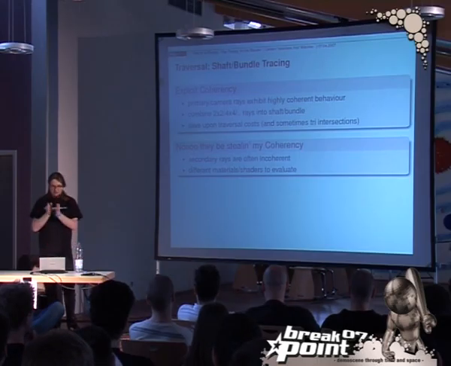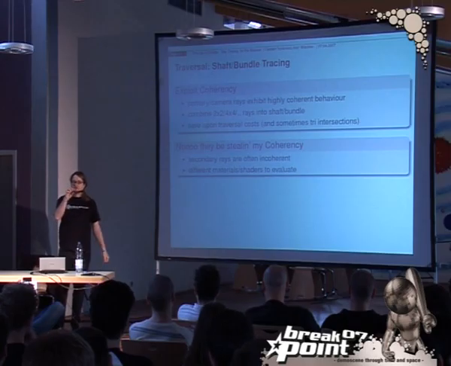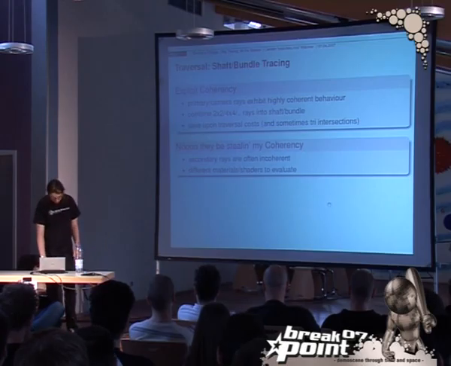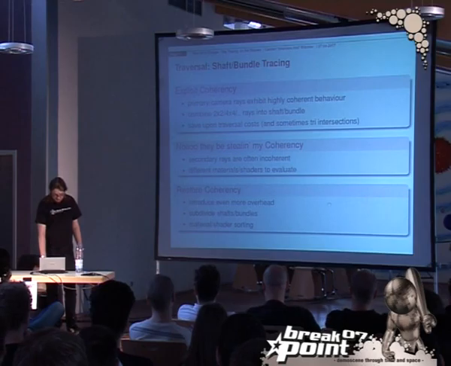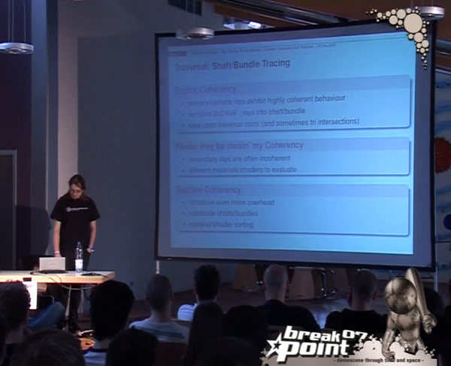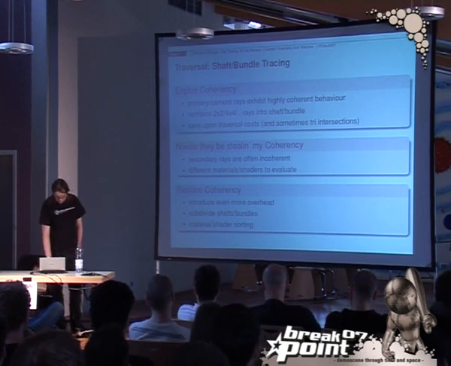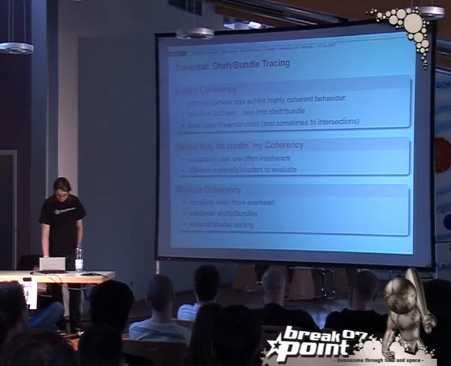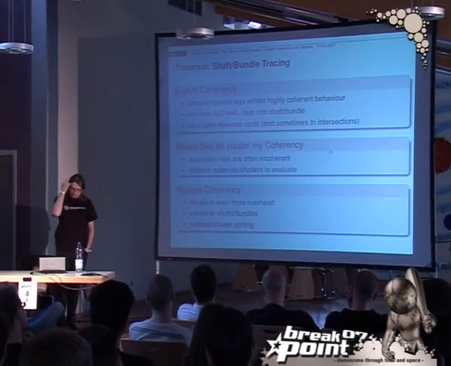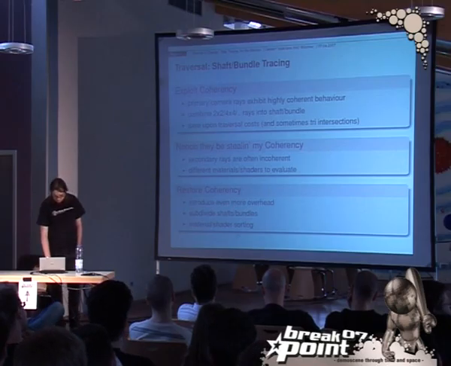So if you shoot through the camera and some of the rays hit a sphere and some of them hit a neighboring cube and they have different materials, you're lost. Because then you have to restore the coherency, introduce even more overhead in code, and do some material or shader sorting. And this is also too much. You will lose all the performance you got through the first pass by sorting the second pass.